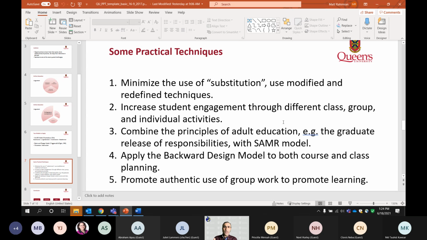A lot of times, as the academic integrity coordinator at Queen's University, I come across instructors that substitute their in-person instruction with online instruction. That's effective, but to a certain level. Sometimes we need to modify and redefine our goals or our techniques, or both of them, so it could be inclusive and more engaging.